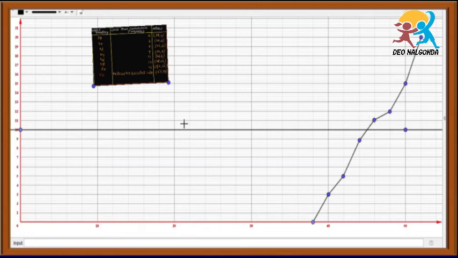This is the curve and this is the line. So here it is the intersecting point. From this intersecting point we have to draw a line perpendicular to the x axis, or we can say parallel to the y axis.